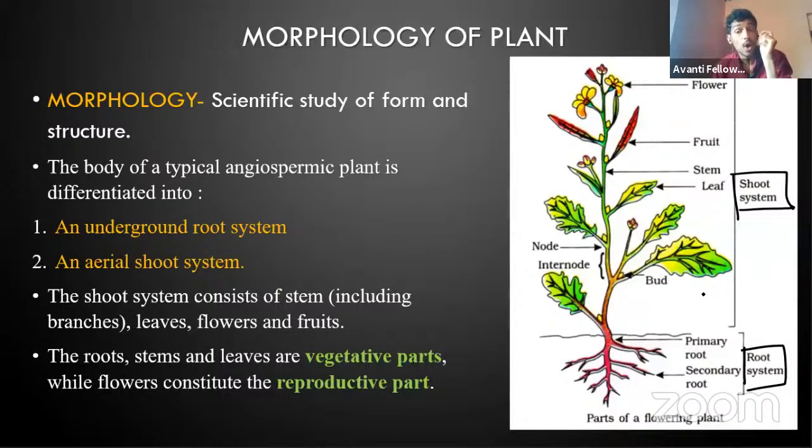The point where the leaves arise, that particular point we call a node. Node is the attachment site for the leaf. The point where the leaf or the vegetative parts arise, we call the node.